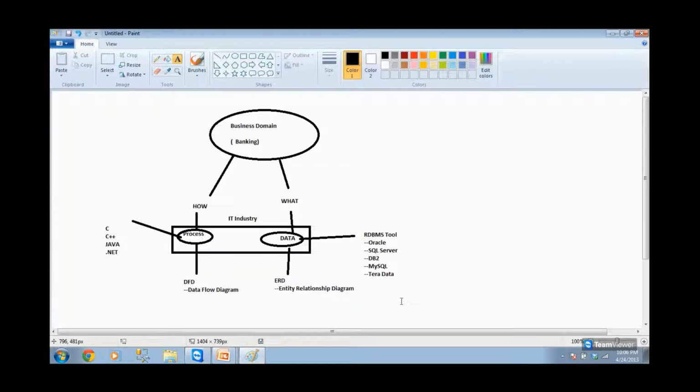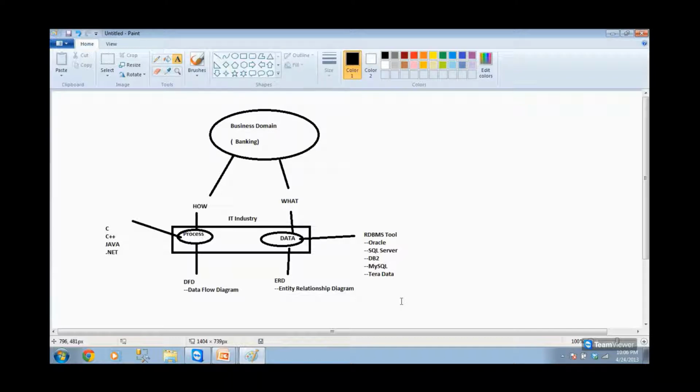These two processes would give you diagrams. DFD will tell you how the process works. The DFD diagram will give you a detailed picture of how your process is there in the company. The ERD means entity relationship diagram, which will also tell you how the data is organized in a business.